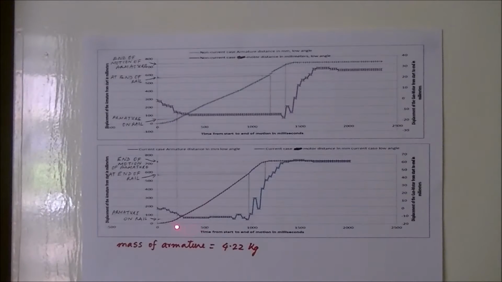But now let us see what happens when we put on the current. Immediately we see that this is moving faster, so it covers the same distance in less time. But what is also happening here is that once it has rolled backwards, even though it is pushing the armature forward, the system is not going backwards.